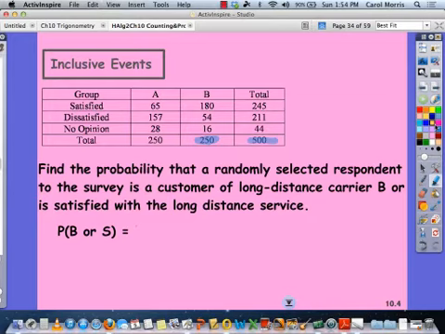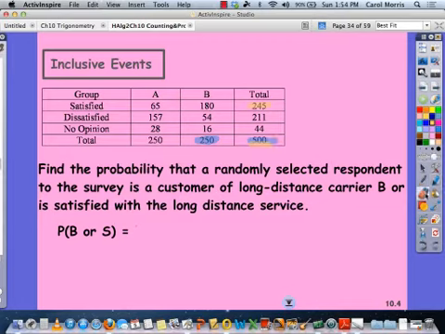Now this is an example where you could belong to both at once. Satisfied with their long distance, again came from 245 out of that 500 number. So there will be obviously some overlap because you can be a B and you can be satisfied, but you could have been the A and been satisfied. So let's go through the math here.